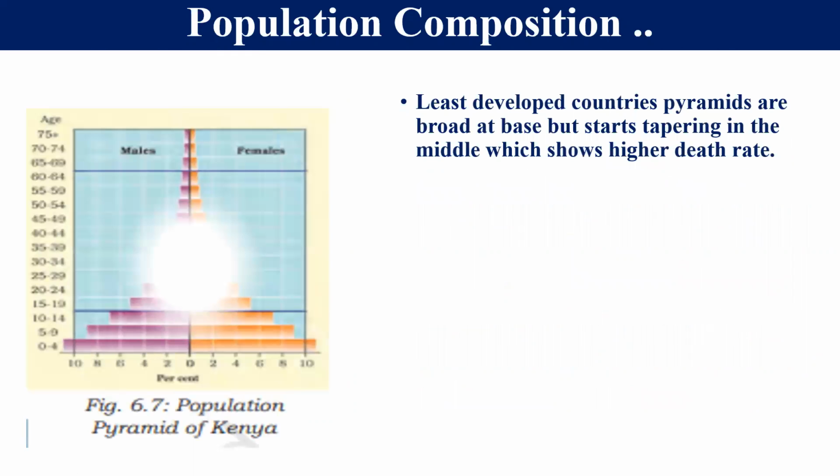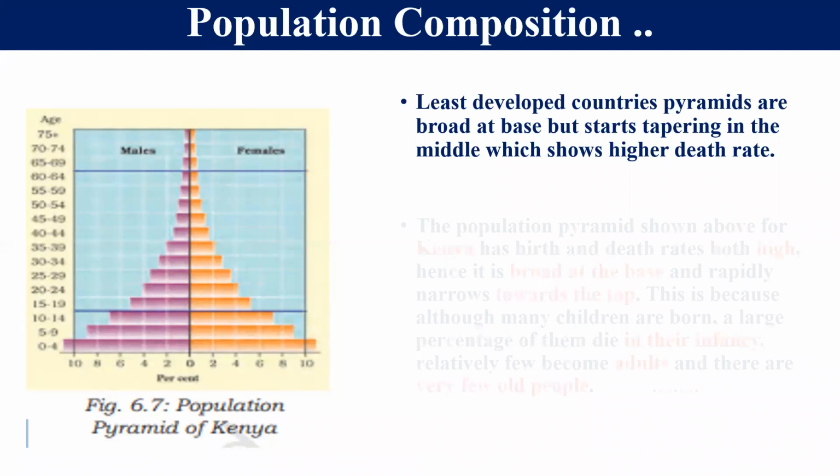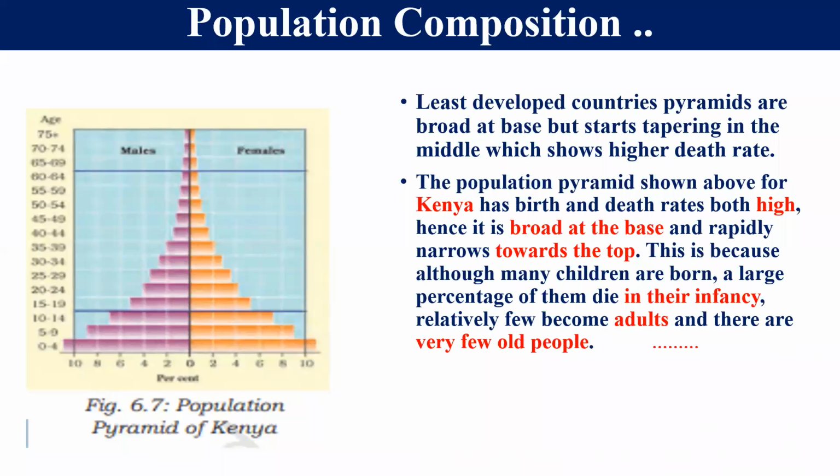Now, dear student, pyramids of least developed countries are broad at the base, but start tapering in the middle, which shows a higher death rate. Now, see the population pyramid of Kenya. It is an underdeveloped country. It has both birth and death rates high.